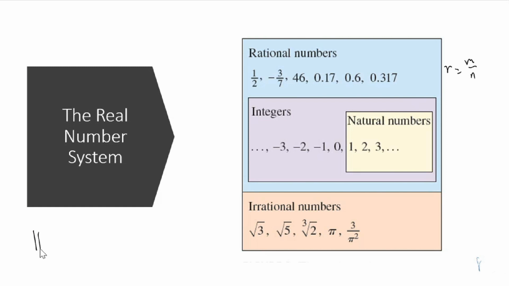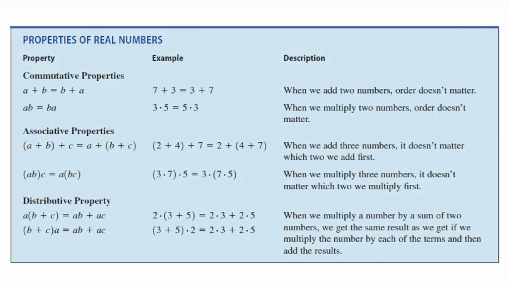This is the symbol for the real numbers. When we use the word number without qualification, we will mean the real number. So the real numbers consist of rational numbers, integers, natural numbers, and irrational numbers.